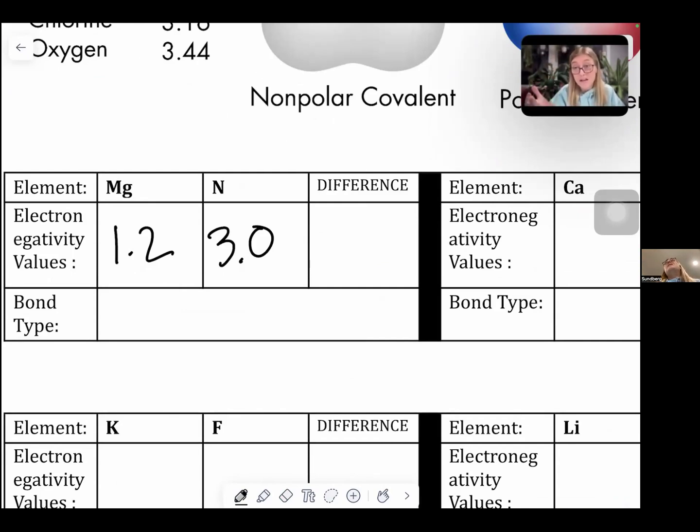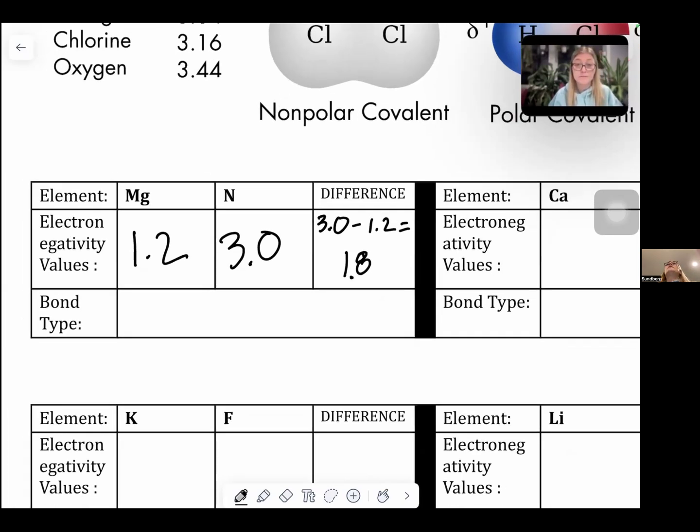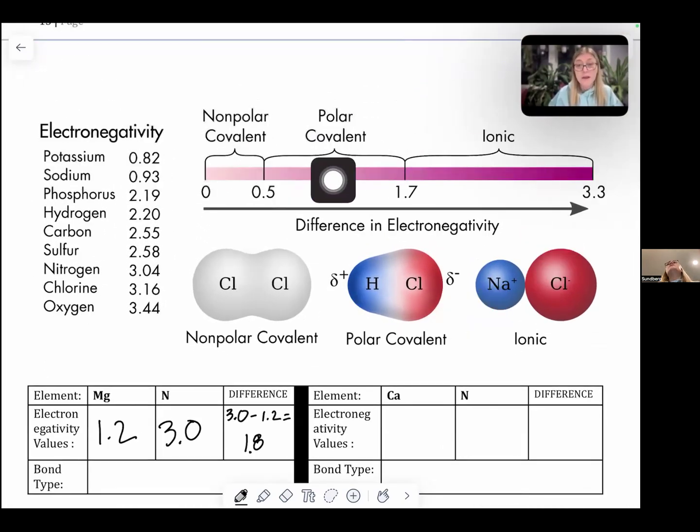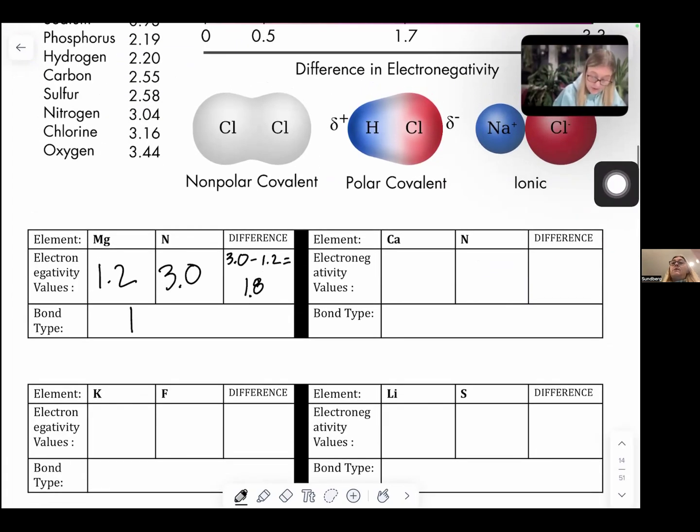So it's the big number minus the small number. So it's 3.0 minus 1.2, and that will equal 1.8. So then I go up here and look at my electronegativity difference values. 1.8 falls in the range between 1.7 and 1.3, so therefore it is ionic. And then I would just write the bond type ionic.